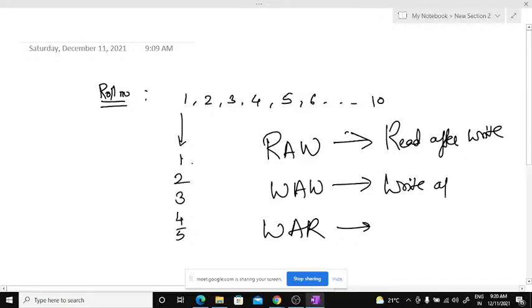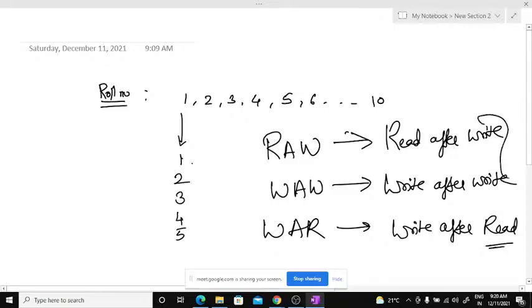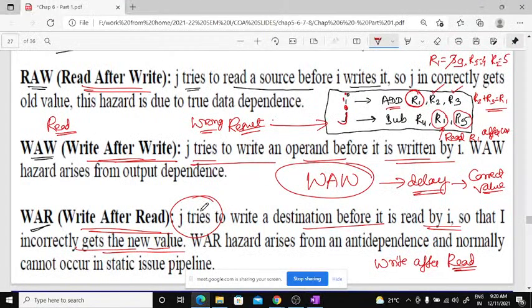Write after write: once the data is written, then we can access it. Write after read. If we don't follow this, then we'll get an incorrect value. RAW, WAW, WAR. So there are three types.